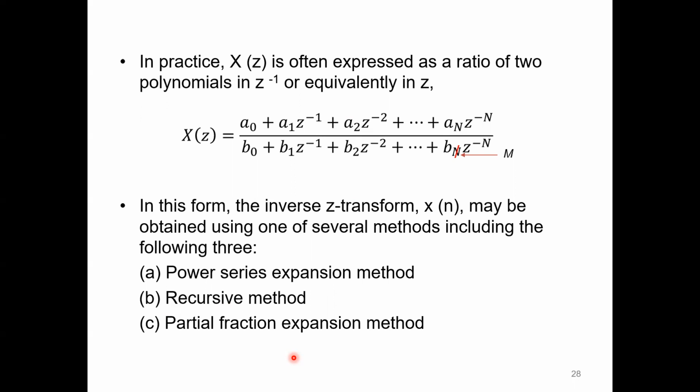So it is to be remembered that the three techniques, power series, recursive, and partial fraction, are used to convert a rational polynomial into a single polynomial or partial fractions. The first two cases are actually polynomial based. This one is partial fraction based. So these are the techniques that we use to help the inverse z-transform process.